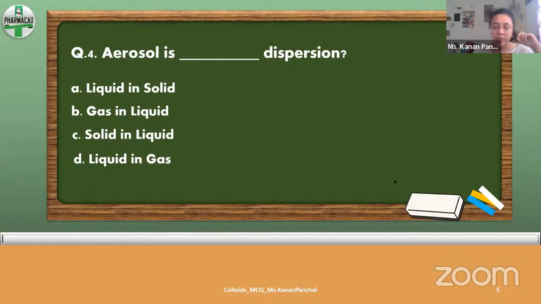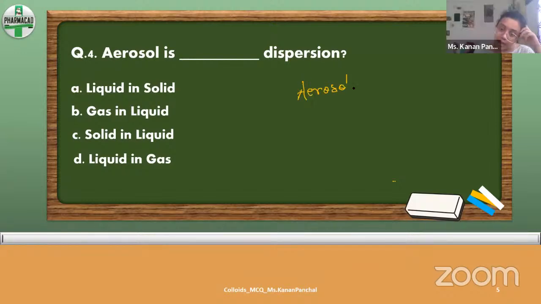Aerosol is what dispersion? Gas in liquid. B. Gas in liquid. Then what is foam? Liquid in gas.